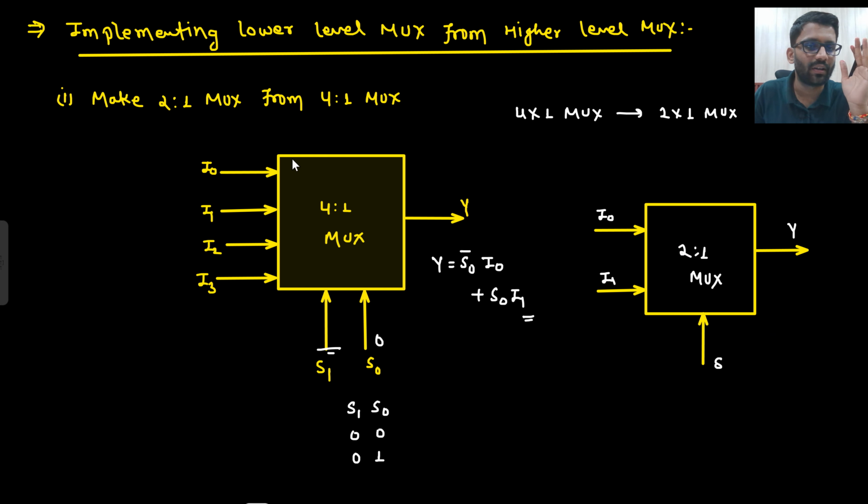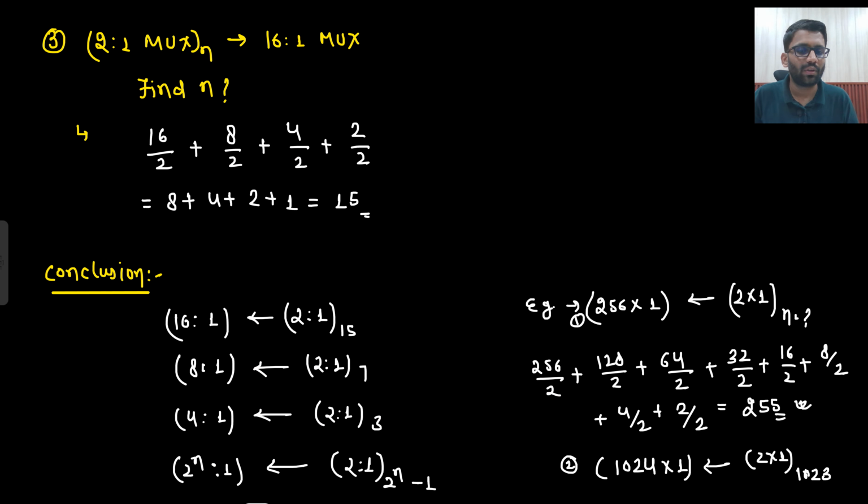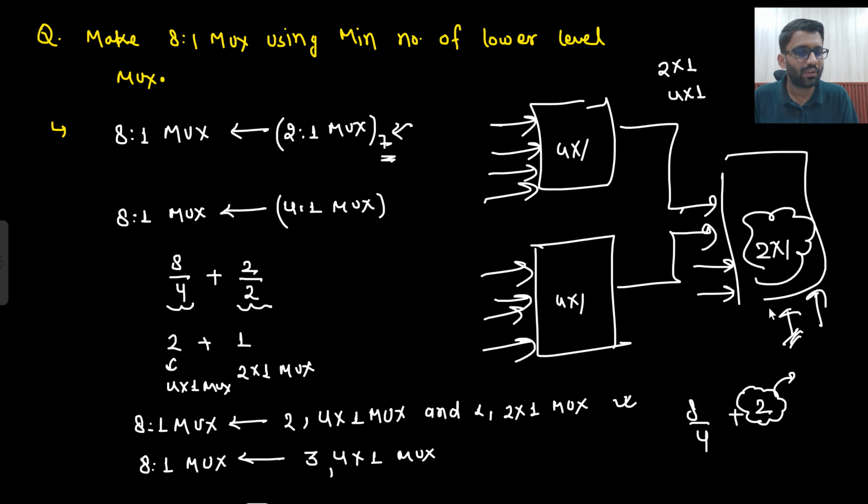Now you are getting the point that you can make 2 cross 1 from 4 cross 1 any day. If you can get your work done using a 2 cross 1 mux only, then certainly a 4 cross 1 mux will do the job. So this statement is also correct, right? Because a 2 cross 1 mux can certainly be made from a 4 cross 1 mux.